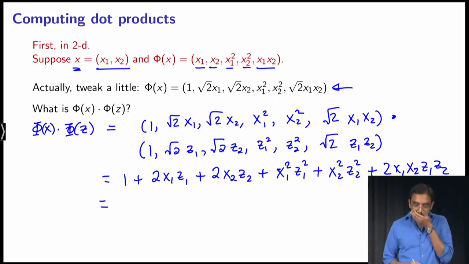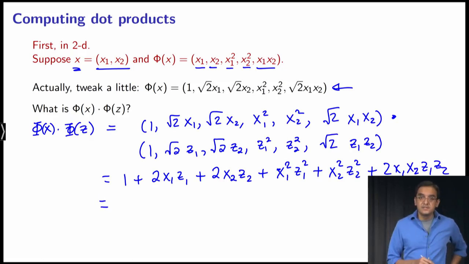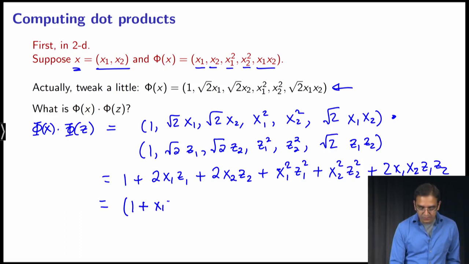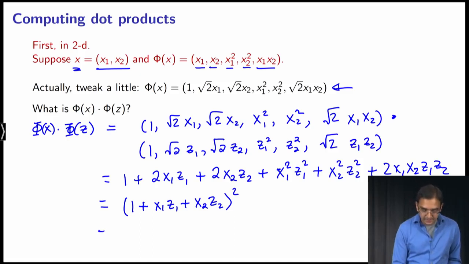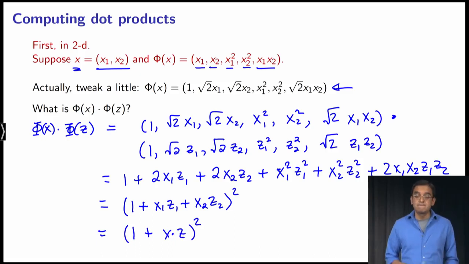Now it turns out that you can simplify this expression. It's actually equal to 1 plus x1 z1 plus x2 z2, squared. And if you stare at it a little bit, you'll see that this is true. So in other words, it's equal to 1 plus x dot z, squared.